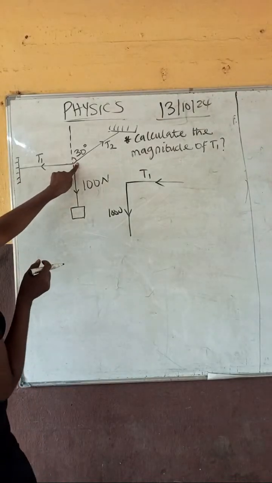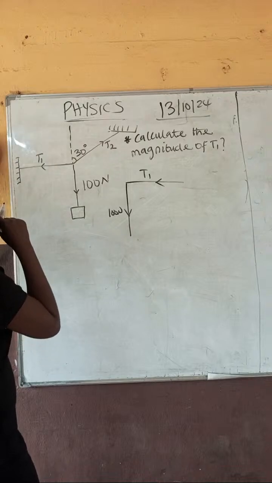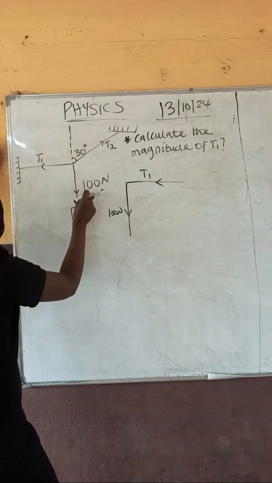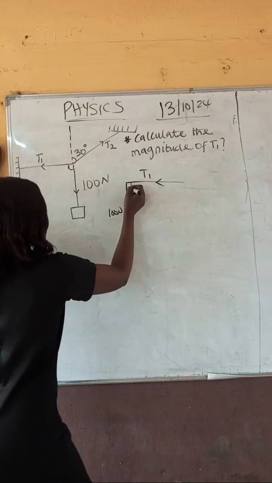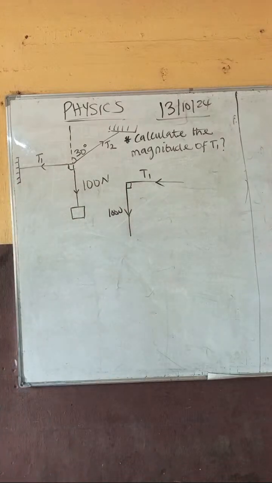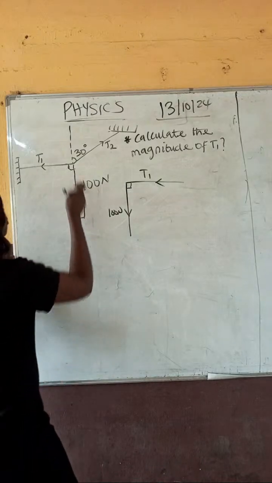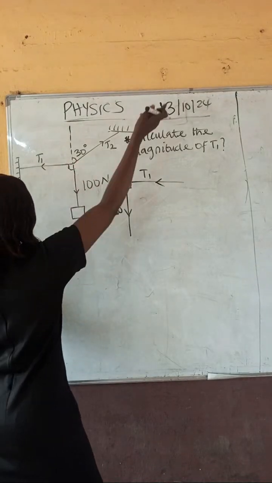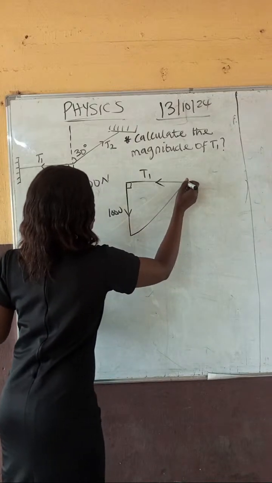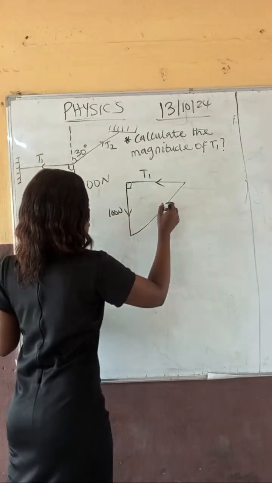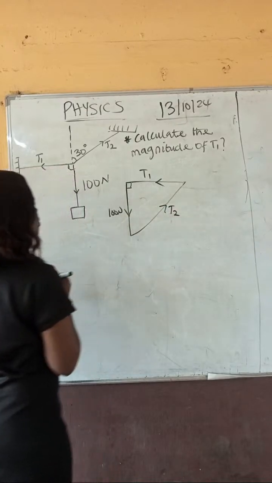Now, here comes my T2. But before I proceed, T1 and 100 Newton, they have what? A right angle here. So here is my right angle. Beautiful. Then the next thing is to join from this point and have my T2. So my T2 will start from here and go this way. Now, this is my T2.